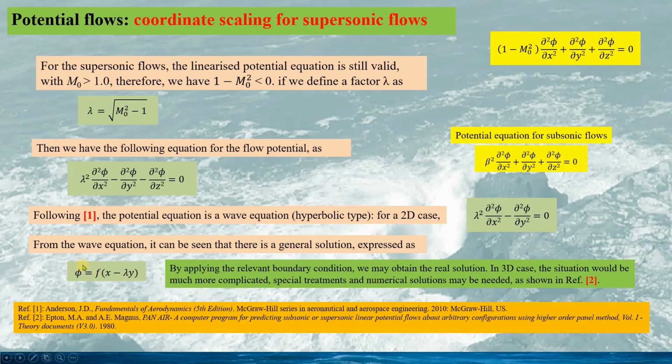So if we apply this potential function into this potential equation, we can see this potential would be correct for this equation. However, this is not the specific solution. If we apply the relevant boundary condition, we may obtain the real solution.